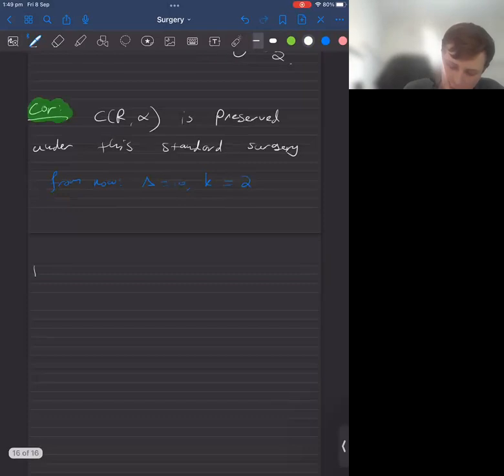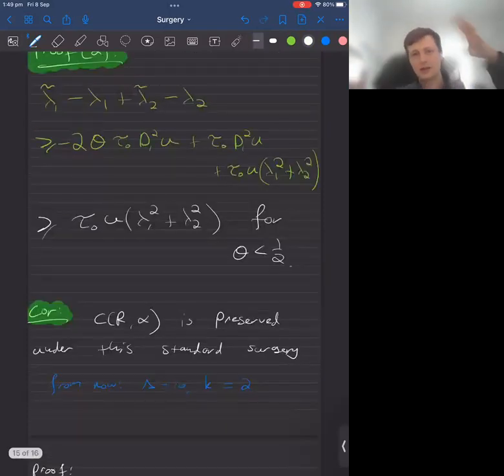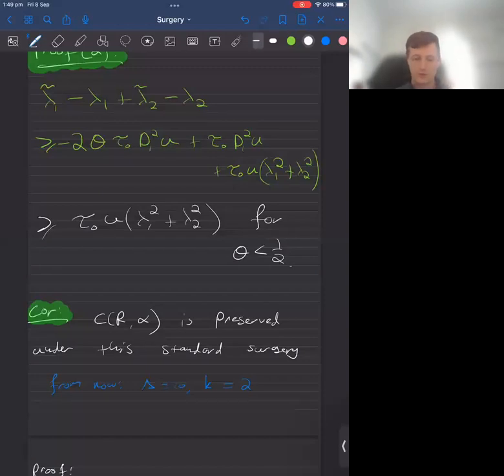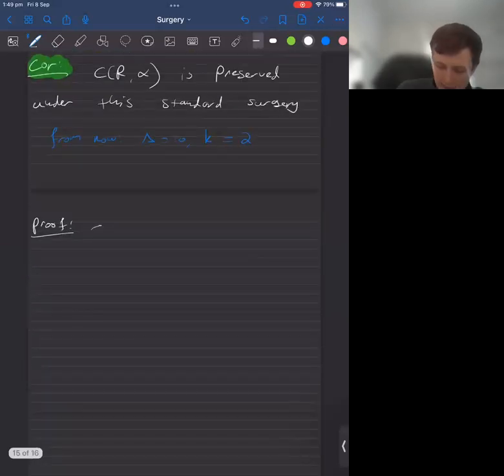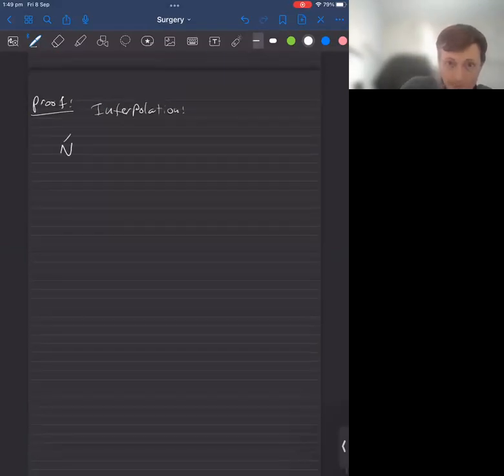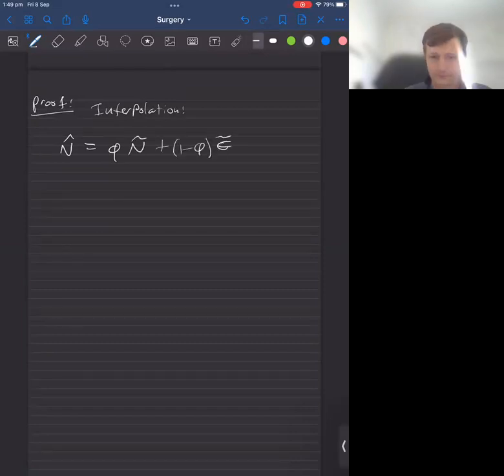And so I guess we're not quite done, right? So at least when we bend it in and we choose this function u to be r naught times f, everything's fine, but there's also an interpolation, right? Where we said n hat was phi n tilde plus 1 minus phi c tilde. But as long as we were close enough to a cylinder in the sense of curvature, right?